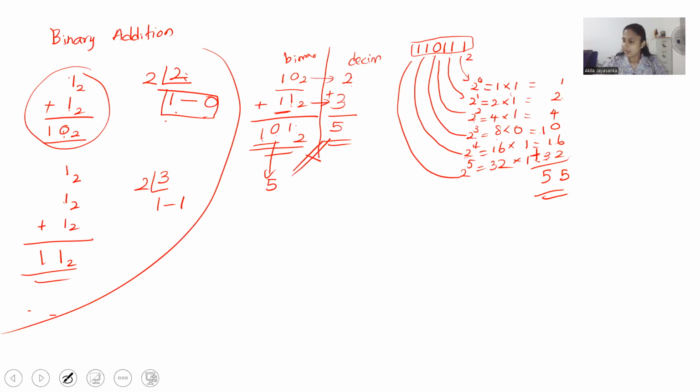Let's take another example. 111 plus 101. These are two binary numbers.